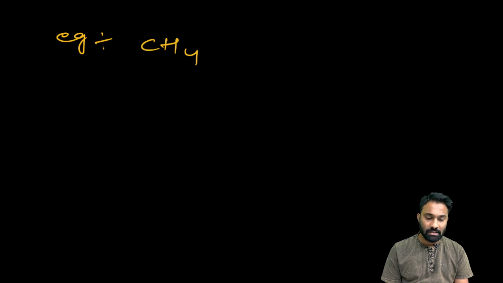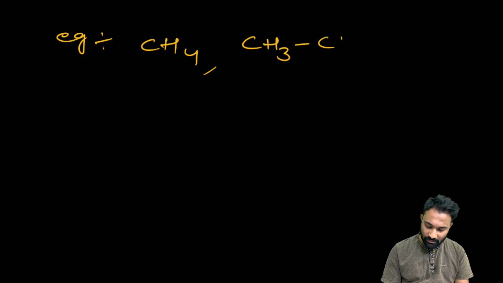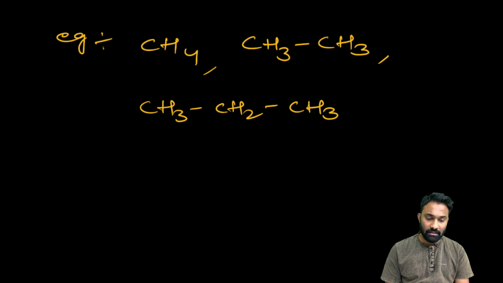Clear? Now examples: this is CH4. Then the next one will be CH3 CH3, and the next one will be CH3 CH2 CH3. Clear?